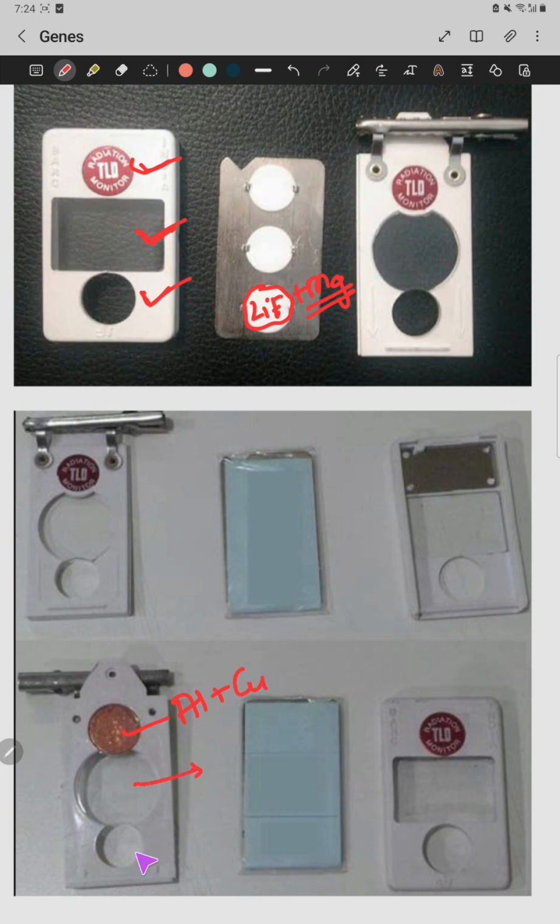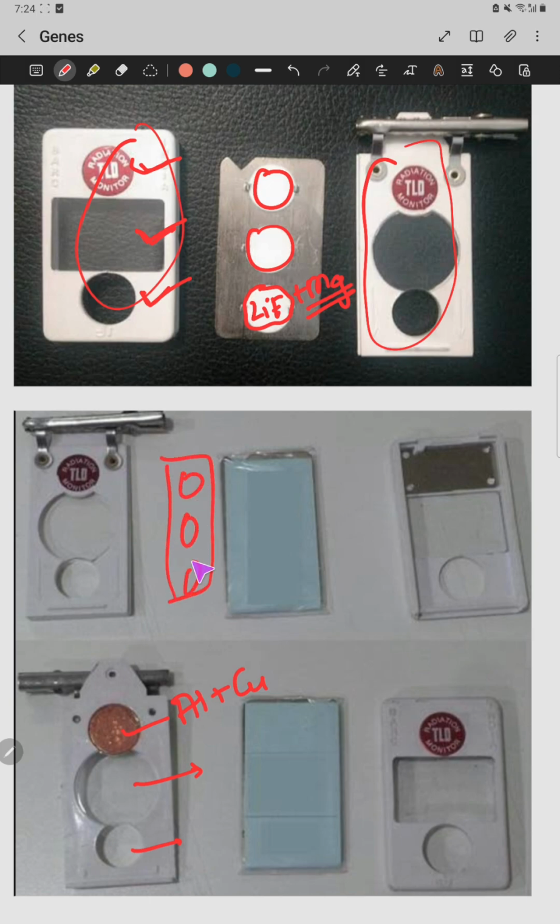This is perspex, and this is the open window, and these Teflon discs are sandwiched between the two parts, so it closes. So this one will be the window, this will be the Teflon disc, and again a window.